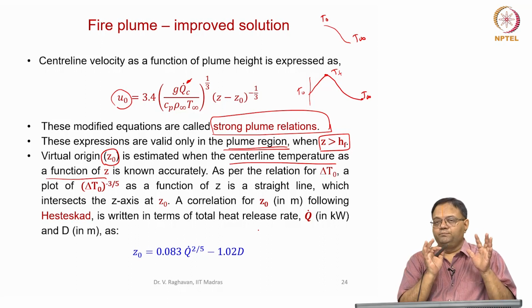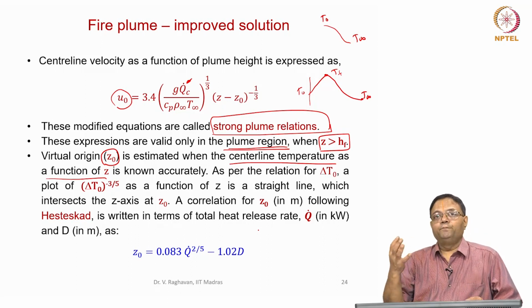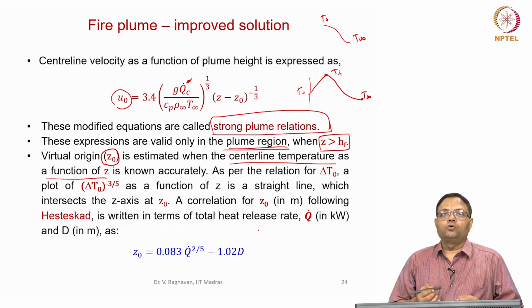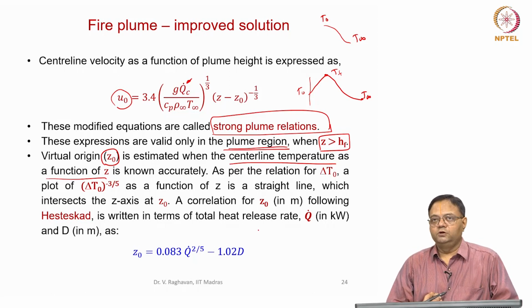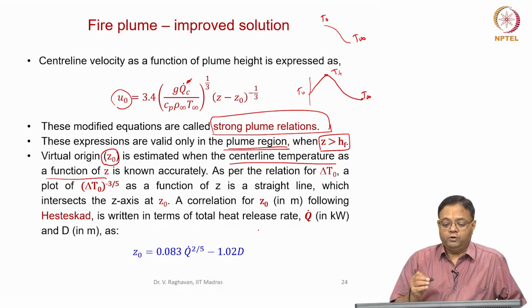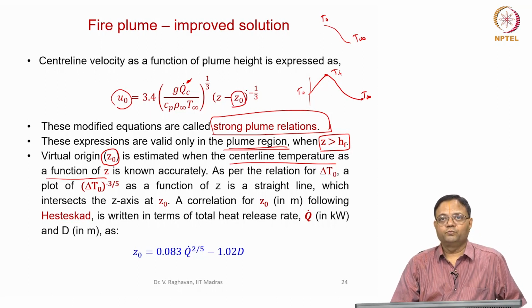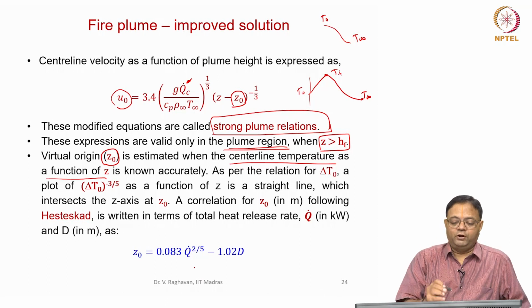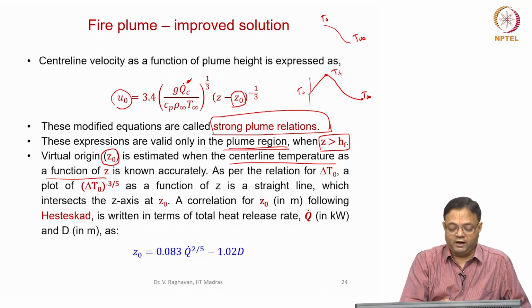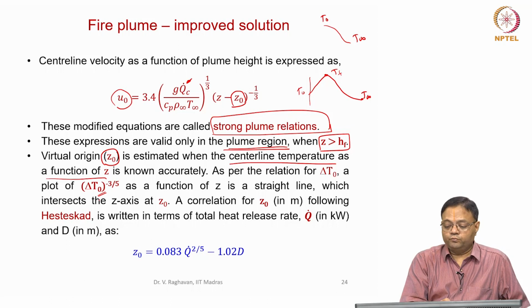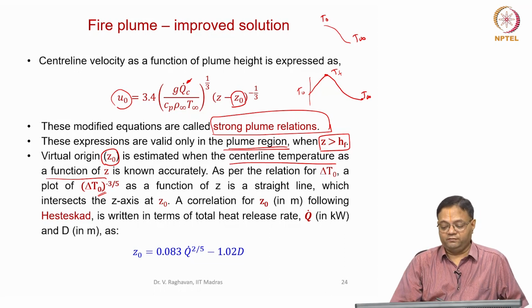So I got the simplified plume solution, from which I got the improved plume solution, which is valid for strong plume cases and for the plume regime. The improved solutions involve an estimate of Z naught, which is obtained when you accurately measure the centerline temperature and understand how delta T naught to the power minus 3 by 5 varies.